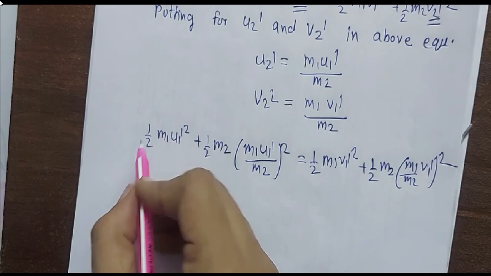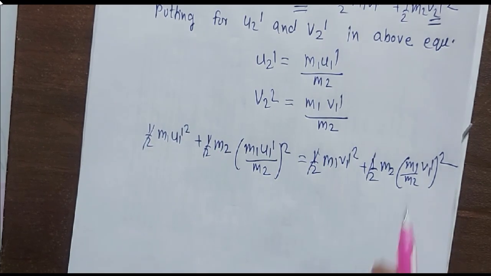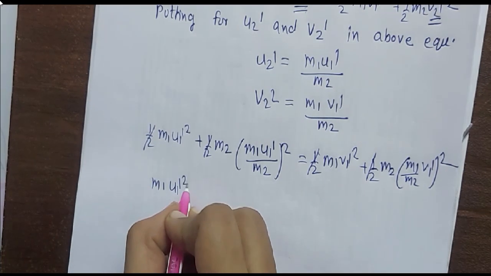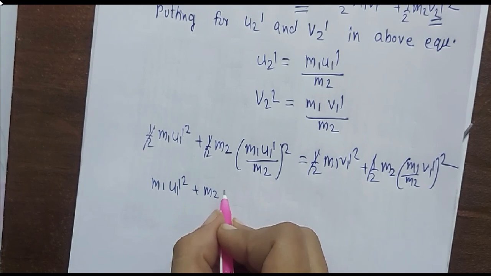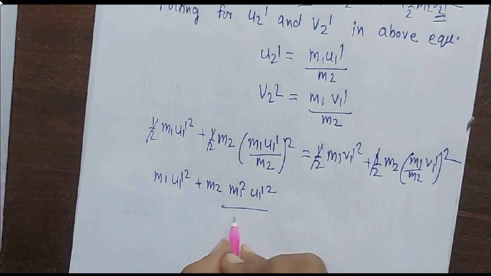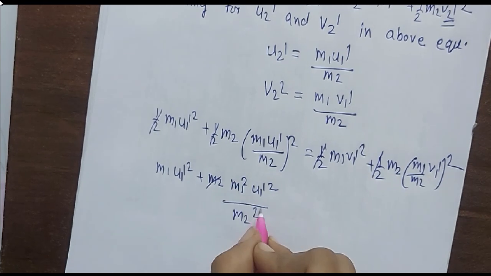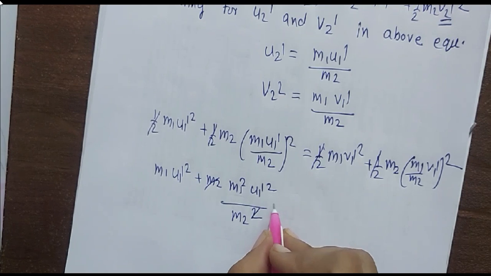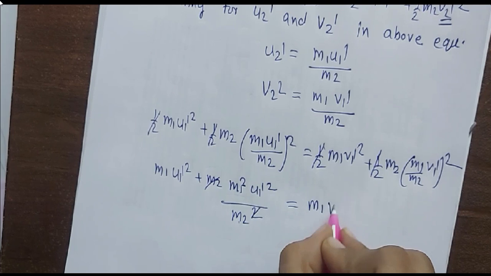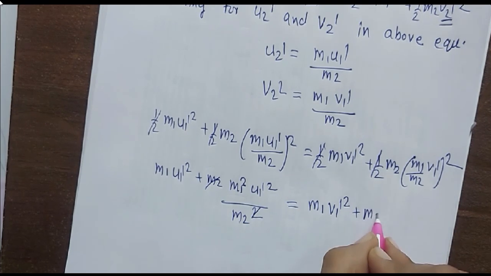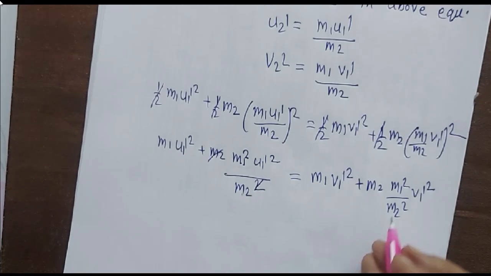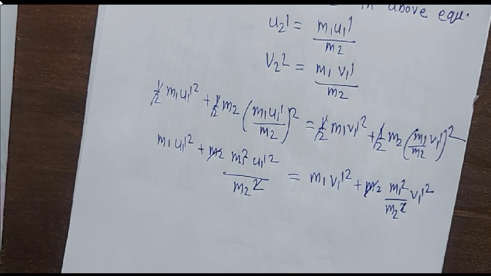We will cancel half from the entire equation, so we will be remaining with m1 u1 dash square plus m1 square u1 dash square upon m2 is equal to m1 v1 dash square plus m1 square upon m2 v1 dash square. m2 will get cancelled.